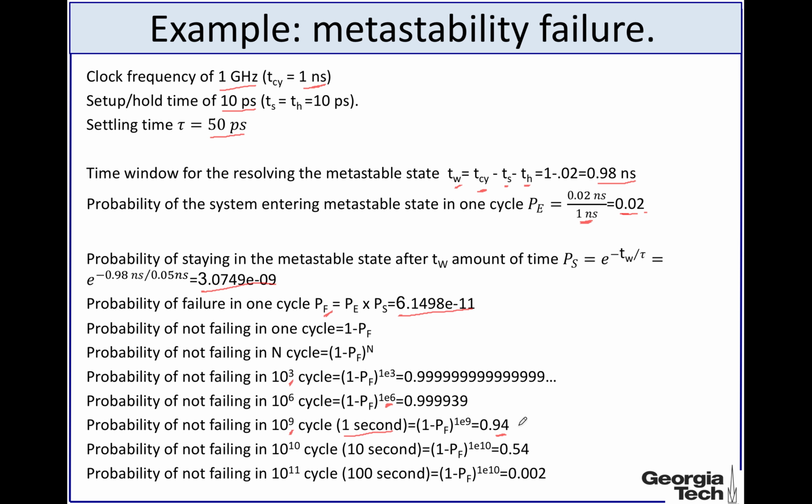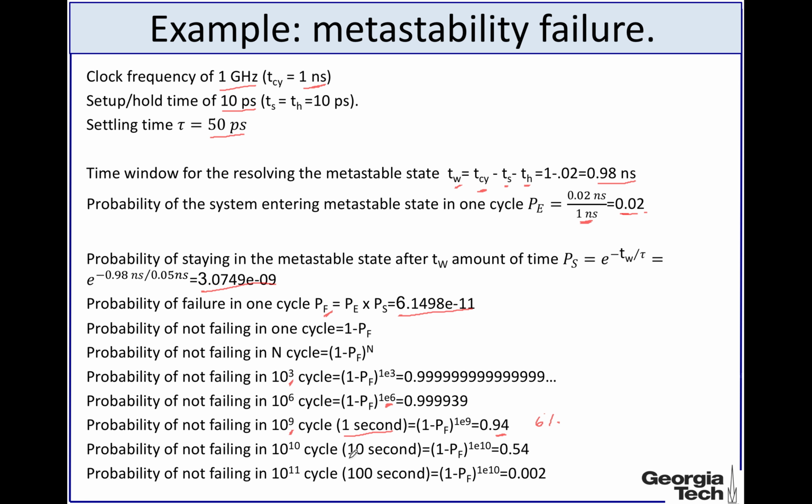So there is a 6% chance that the two flip-flop synchronizer will fail within 1 second. 1 minus 0.94 is 0.06, which is 6%.